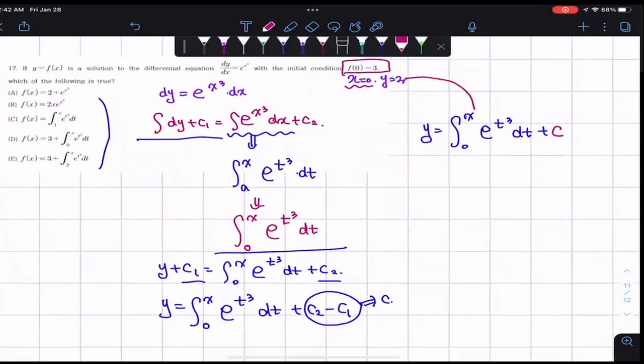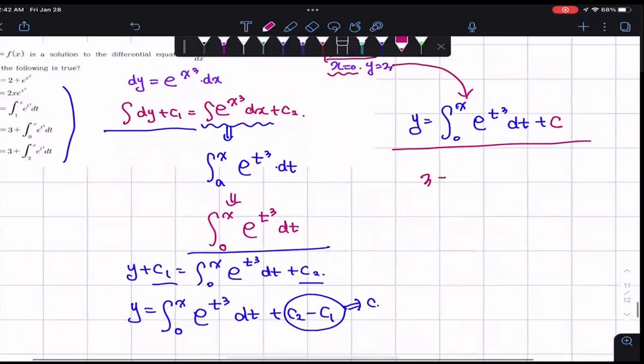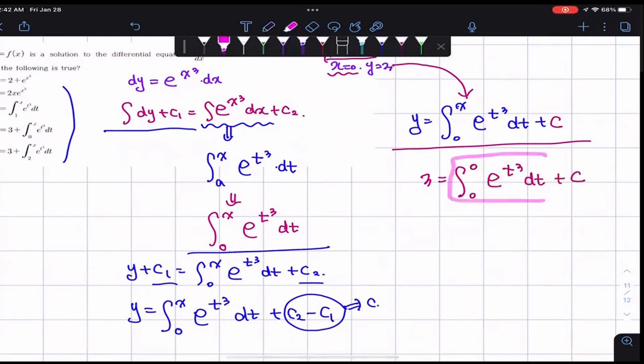Plug in this value instead of x and y to find the constant C. So 3 = integral from 0 to 0 of e to the power of t cubed dt + C. This part is 0 because these limits are the same, so 3 = C. Plug in this value.